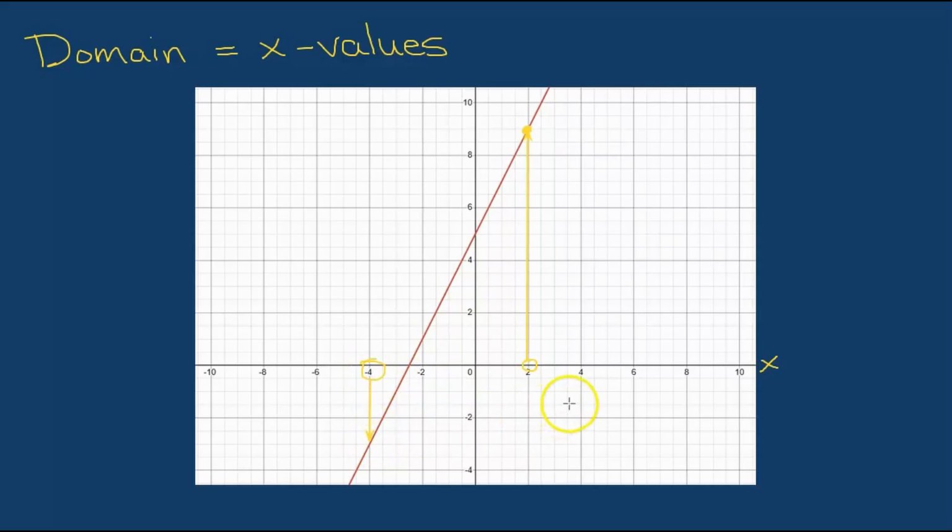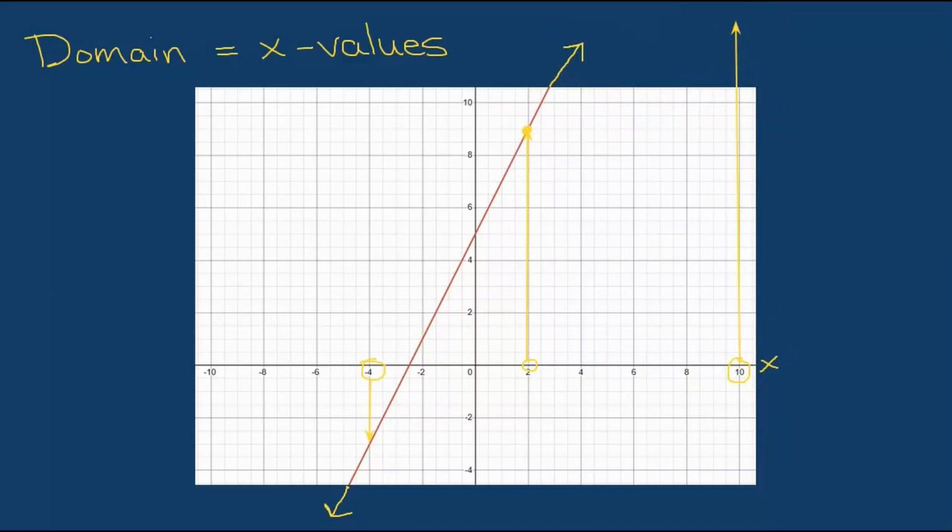Now here's the part where it gets a little bit confusing, because of course we can't see the graph beyond certain numbers. So for example, x equals 10, we can't see that graph anymore, but we know this graph is continuing this way and this way, which means that I can imagine in my mind that if I draw a line straight up, eventually it will hit the graph somewhere off the page.